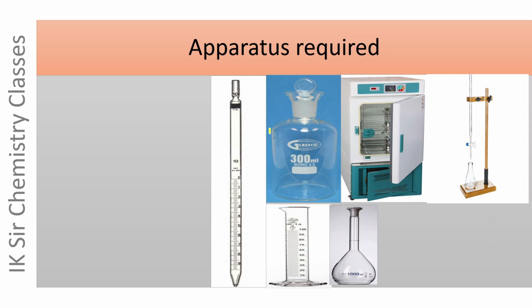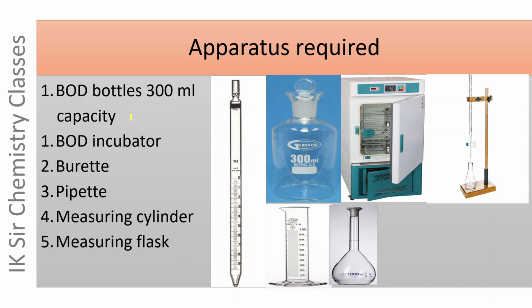The following apparatus are required during the determination of biological oxygen demand. BOD bottles of 300 ml capacity, 2 such bottles are required. BOD incubator, in which the BOD bottle containing water sample in suitable concentration is placed at 20 degrees centigrade for 5 days.